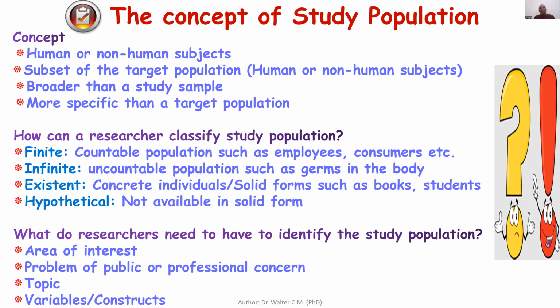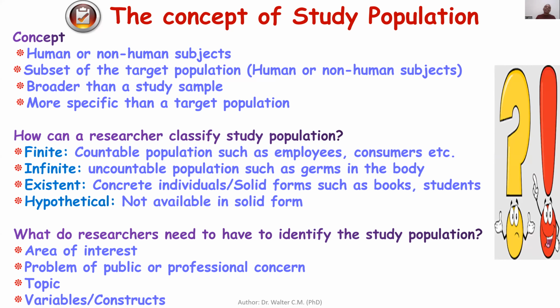If the problem faces under-5s only, your study population will be under 5. If it faces pregnant women, your study population will be pregnant women, because you are saying I'm going to study anemia among pregnant women. So the problem you are studying may inform you which population to choose.